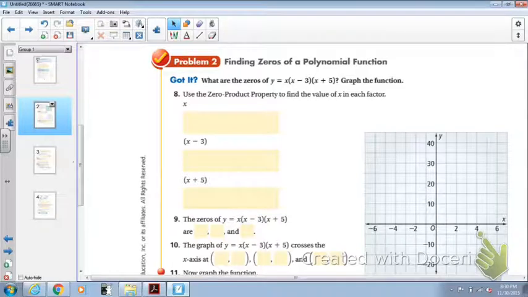So to graph that on here, I already had my intercept points at negative 5, 0, and 3. And then I had a max at 36, somewhere in there, and that's a maximum.